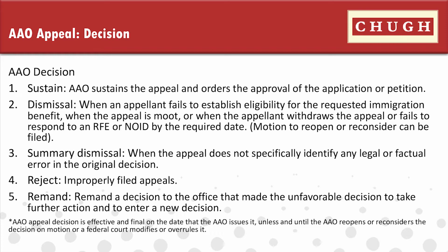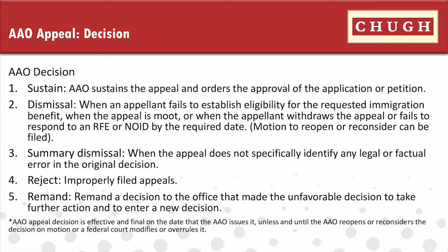The AAO found that there are some facts or issues the field office may have applied wrong. However, there are other facts and issues which support the field office denial decision. That is why they want the field office to review it again and make a new decision accordingly. So in remand cases, you may receive a final decision from the field office with approval or with another denial.